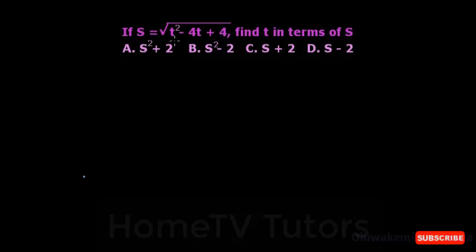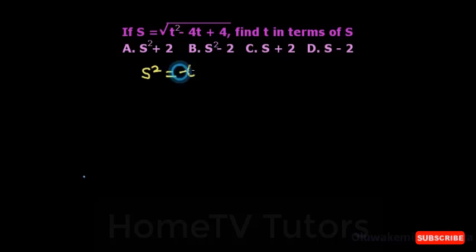If S is equal to this expression, find T in terms of S. So first of all, we square both sides of the equation, okay? So the S will now become S squared equals the square root will go away because of the squaring of this.